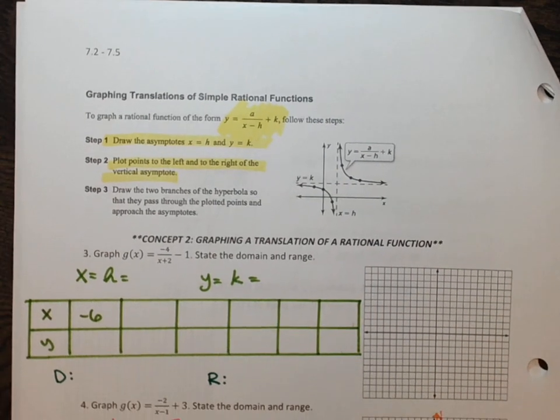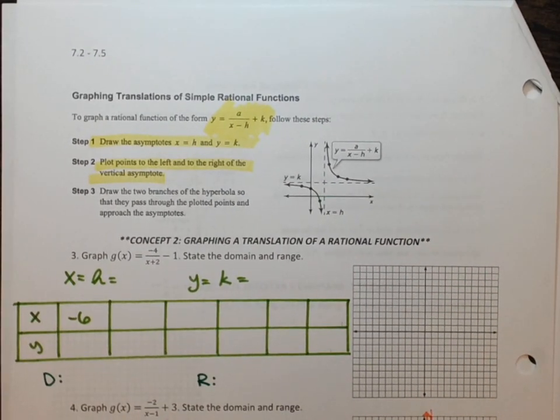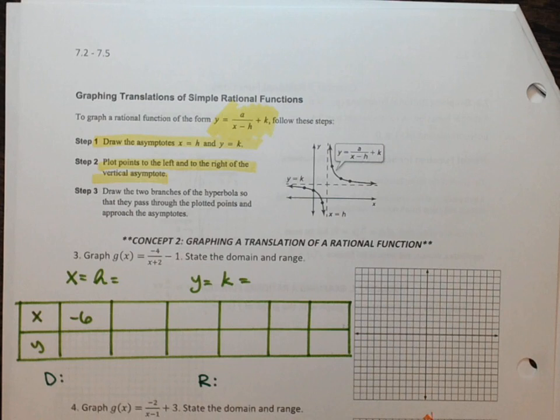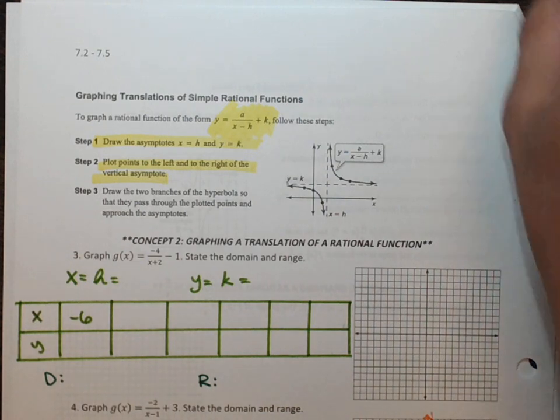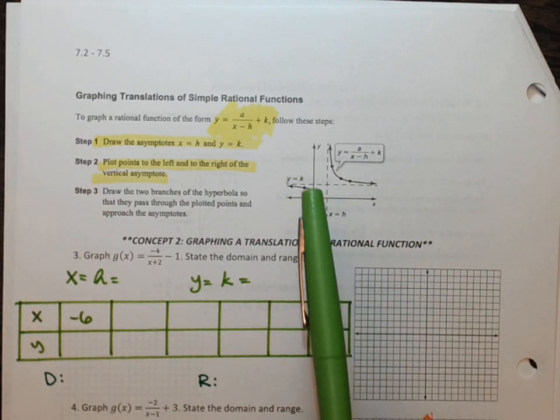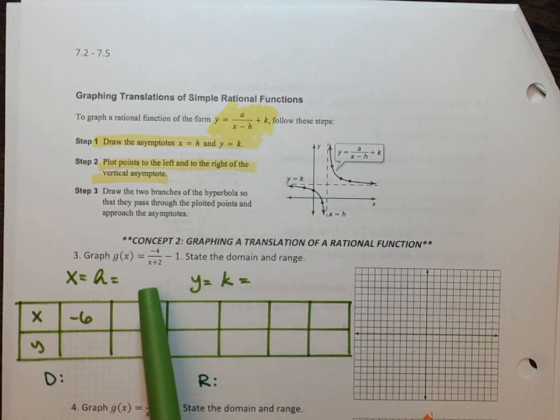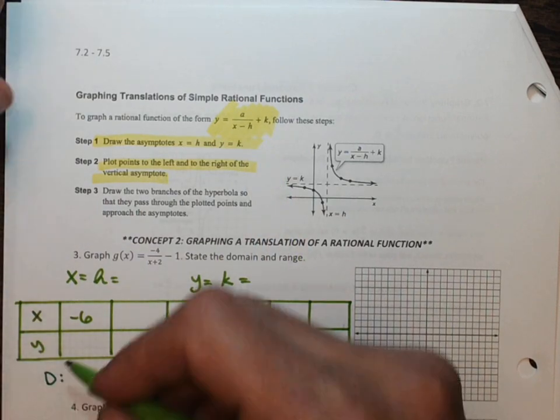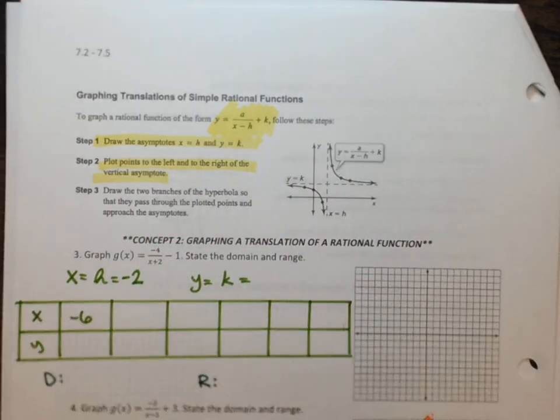Okay, so here we are. Concept 2. It says graph g of x equals negative 4 over x plus 2, minus 1, and then state the domain and range. I kind of already started, so just to get us moving, what is x? Well, x equals h, and if you look at that form, it's minus h, and I got plus 2 there, so it's really negative 2.